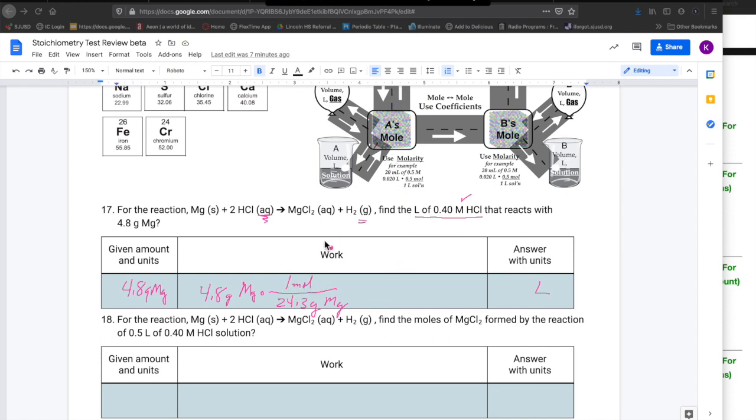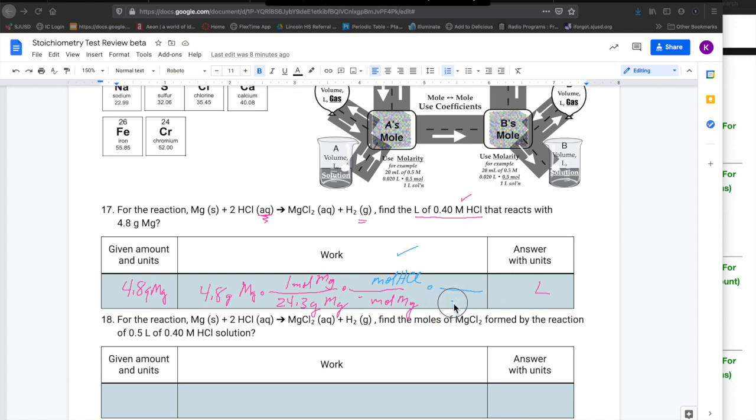So what you do is you change to the moles of the substance you're given in the next step. So it's molar mass followed by mole ratio. In the next step, you are changing to the substance you want to get to. So I want to go from Mg to HCl. And then the last step is to change the unit of moles into a unit of liters.